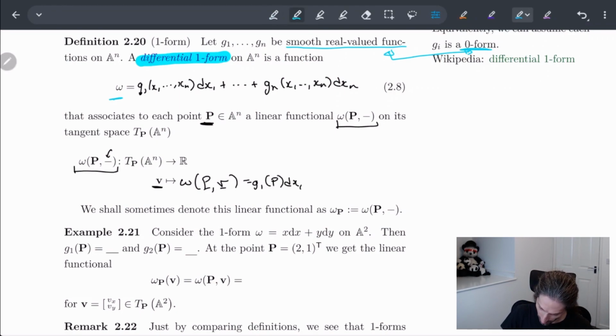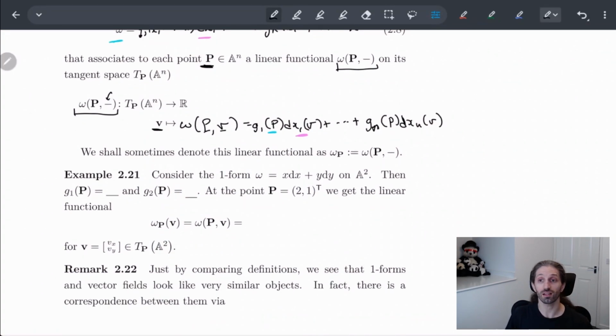The v here is going to give us the dx's, so dx1 of v, and we do this for all of them, up to gn of p dxn of v. And that gives us a linear functional.